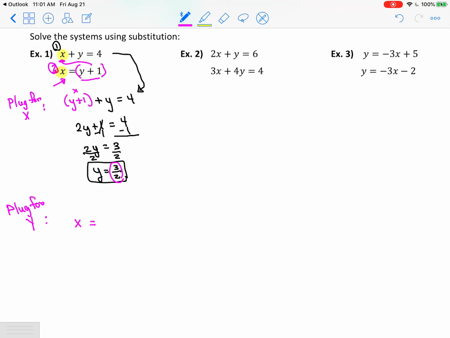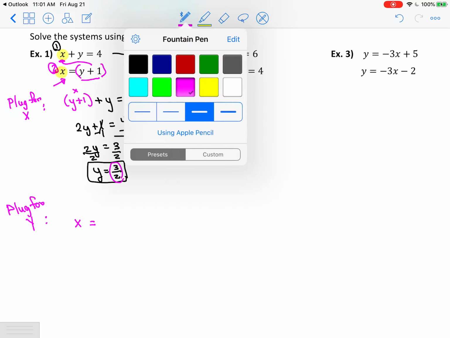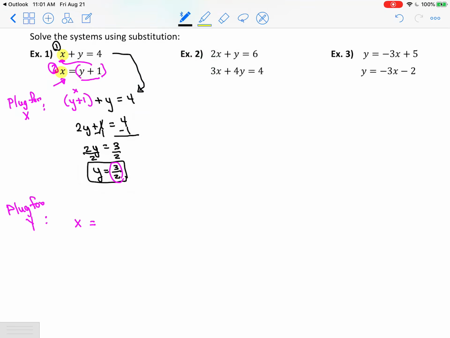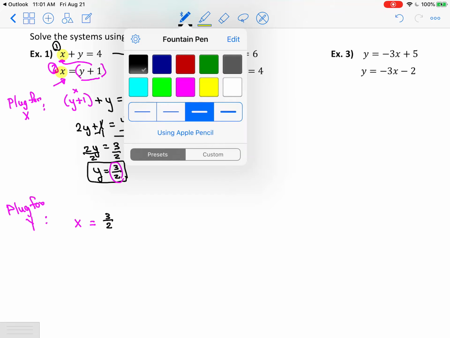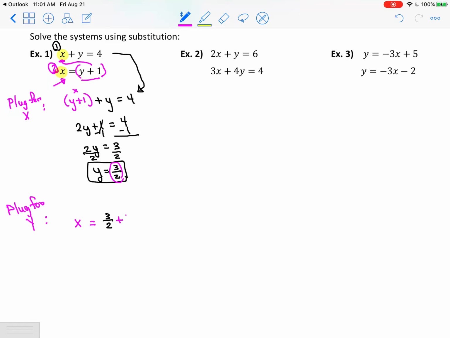X is equal to, now we have this value for y. So we have 3/2, right? And then I'm going back to the original equation, which was plus 1. This was where my y was sitting. X is equal to y plus 1, so x is equal to 3/2 plus 1. Okay.